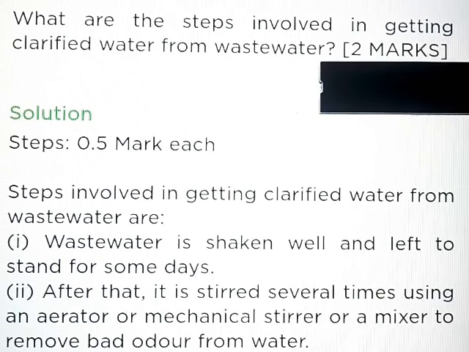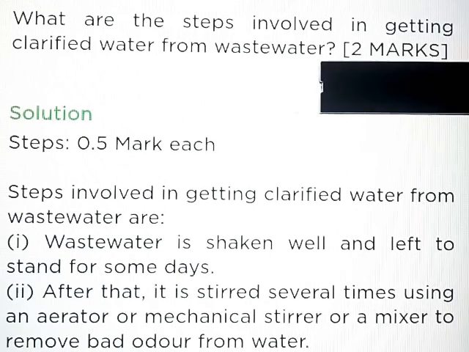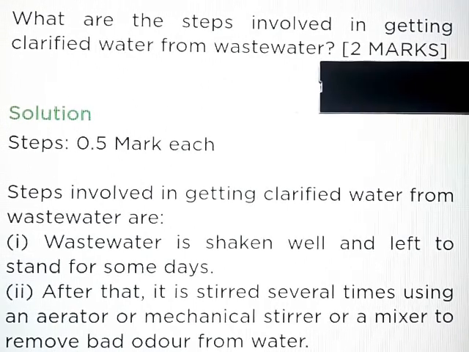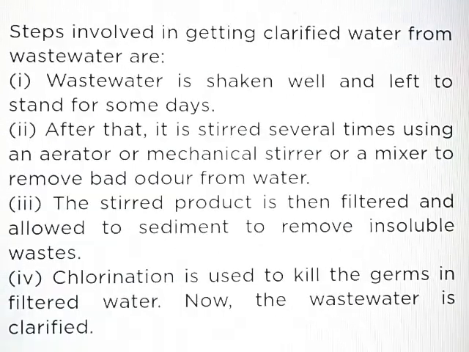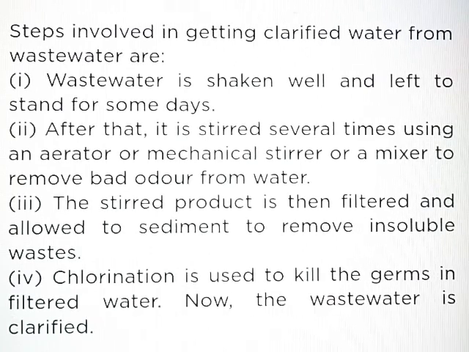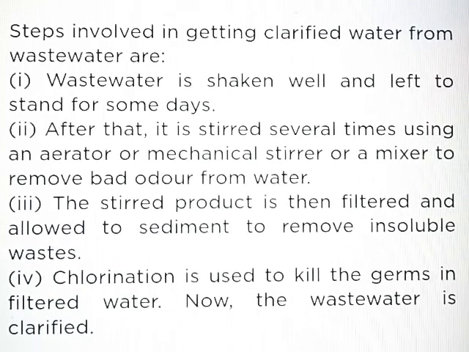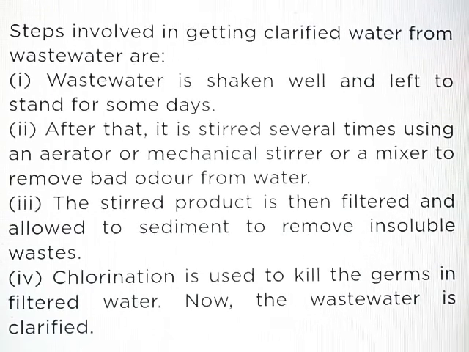After that, it is stirred several times using an aerator or mechanical stirrer or mixer to remove bad odor from water. Third, the stirred product is then filtered and allowed to sediment to remove insoluble wastes. Fourth, chlorination is used to kill the germs in filtered water. Now the wastewater is clarified.